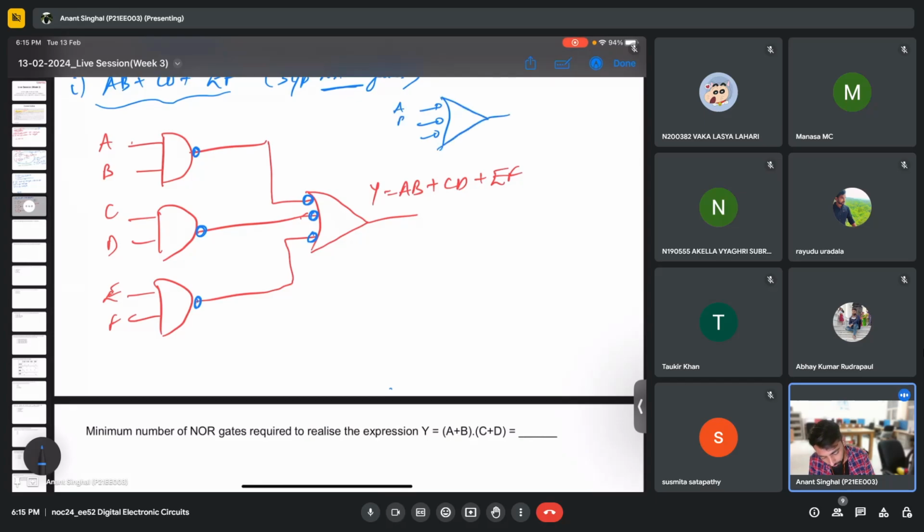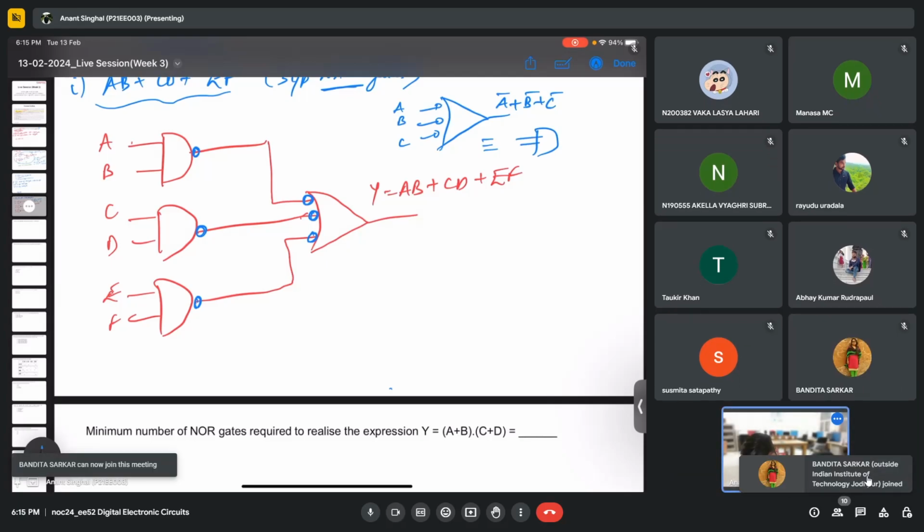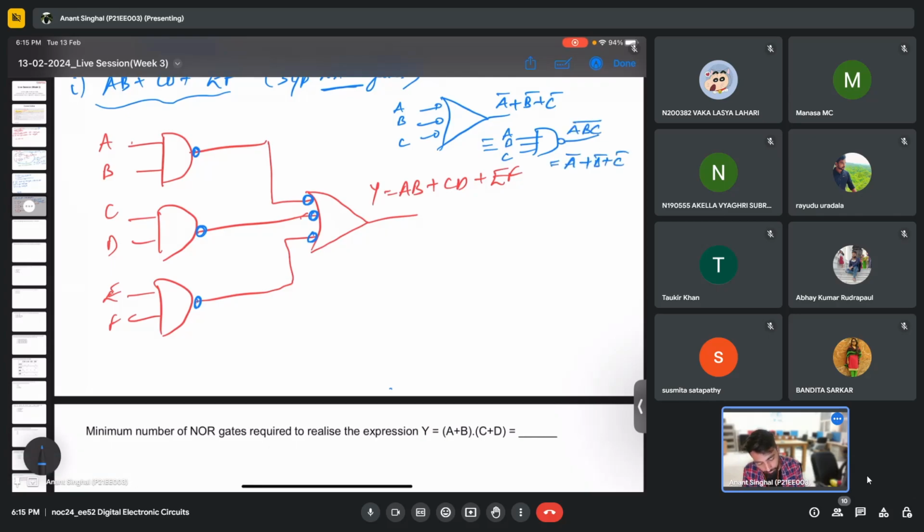Let's say this is A, B, C. That will be A complement plus B complement plus C complement. If I make a NAND gate again, it will be (A, B, C) complement, and that will be equivalent to A complement plus B complement plus C complement. So this is nothing but similar to a NAND gate.